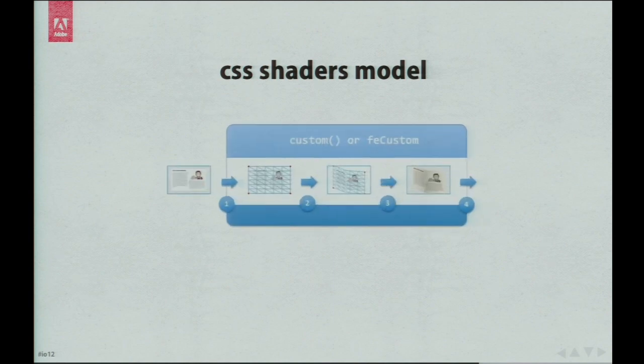So the model for CSS shaders is that the conceptual model, when you use it and you want to author it or just use CSS shaders, is that think of it as your content being rendered into an off-screen image, and then a mesh of points or vertices is mapped onto this off-screen rendering. And what the vertex shader lets you do is manipulate those mesh points or mesh vertices in a 3D space.